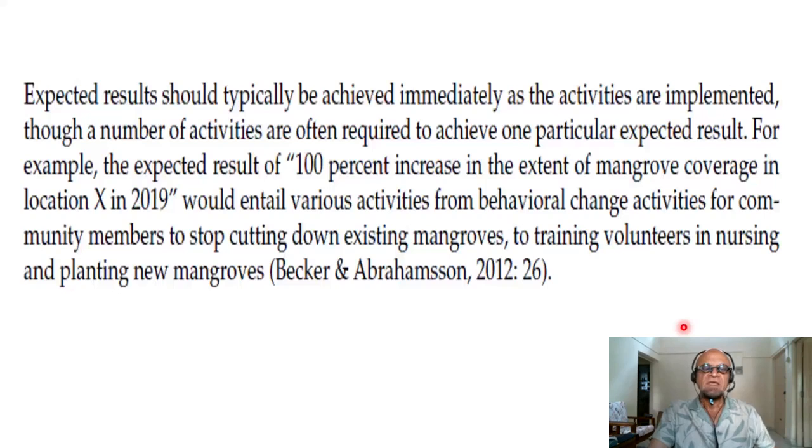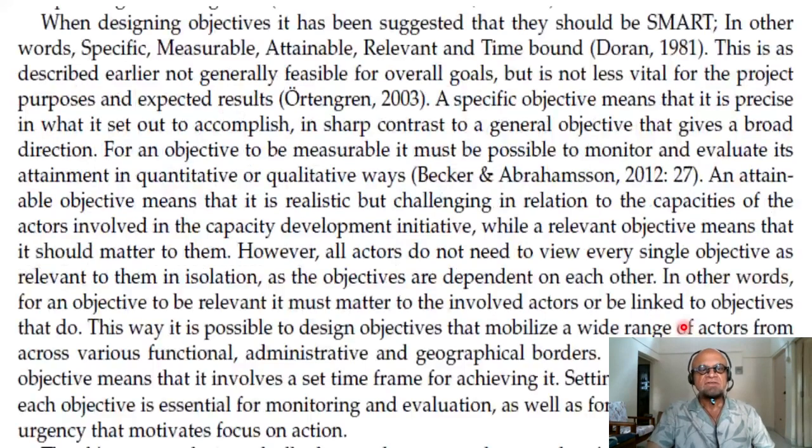For example, the expected result of a 100% increase in the extent of mangrove coverage in location X by 2019 would entail various activities, from behavioral change activities for community members to stop cutting down existing mangroves, to training volunteers in nursing and planting new mangroves. So protect, restore, manage, and afforest mangroves. That's kind of the detail, so it's not that easy.